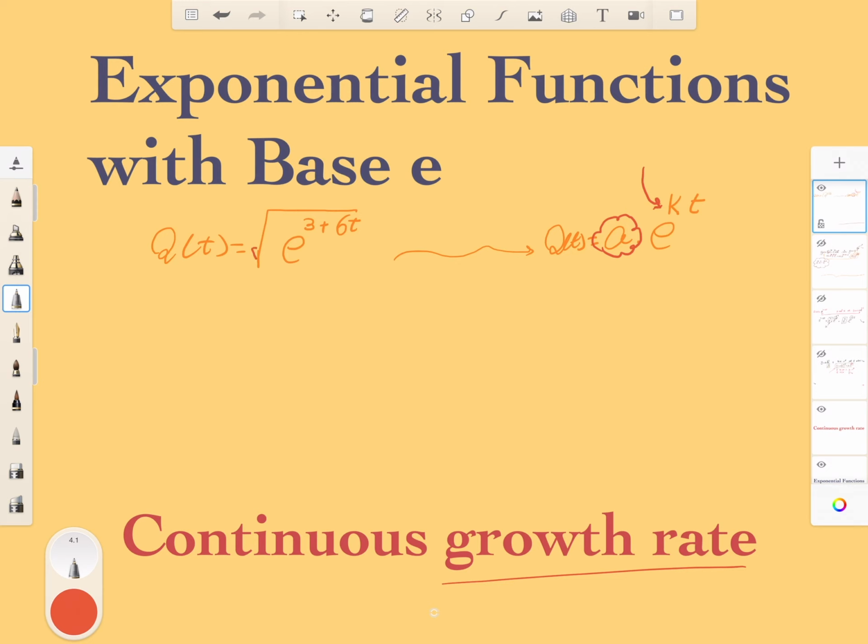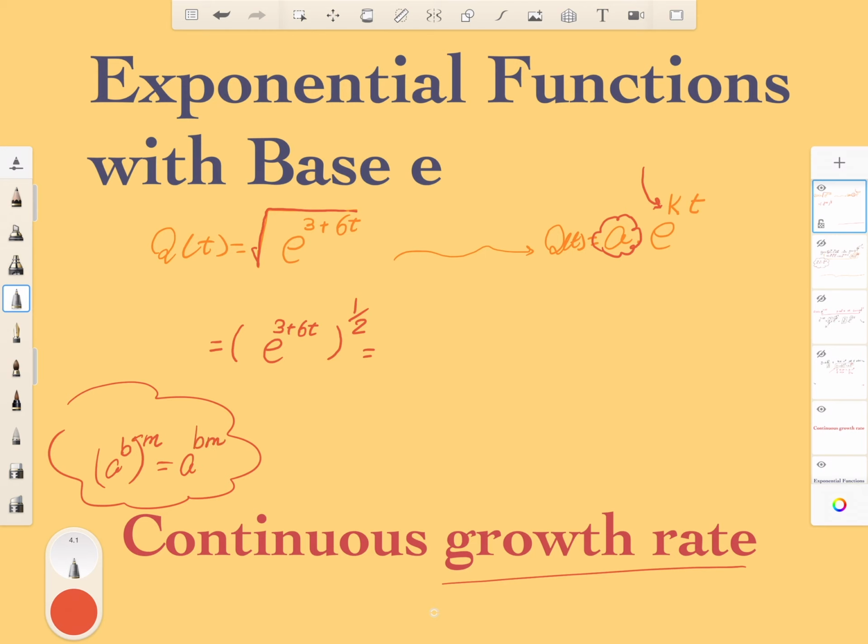So back to this equation, we have a radical. I will make the radical a power of 1/2. So we have e to the 3 plus 6t, to the power 1/2. This is the same as one of the properties of exponents: if you have a to the power b, to the power of m, this is a to the power b times m.